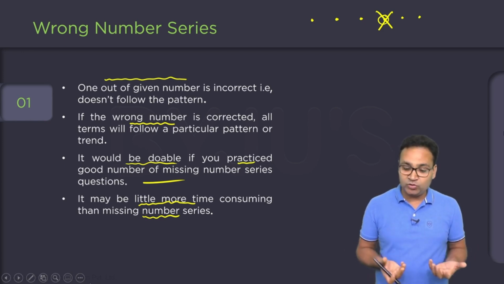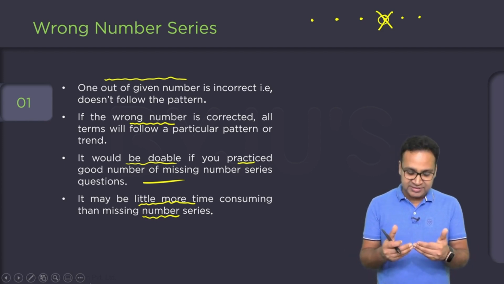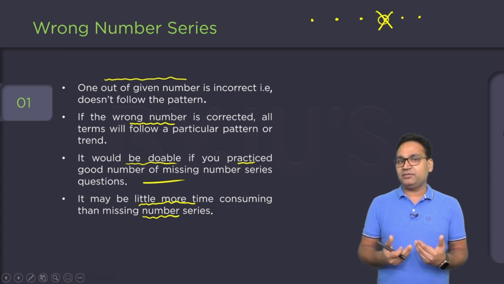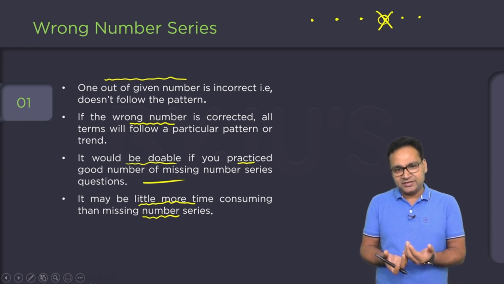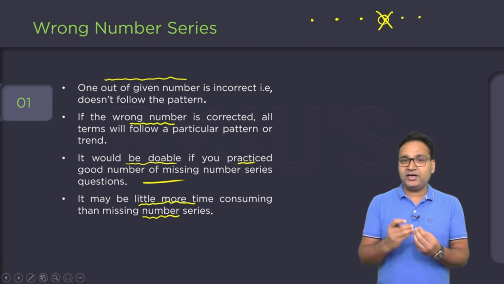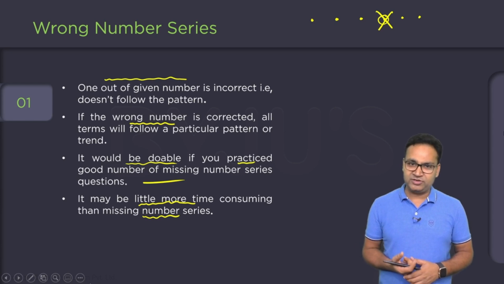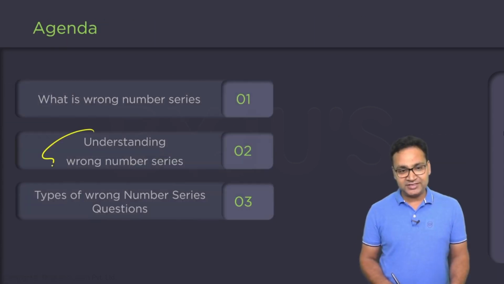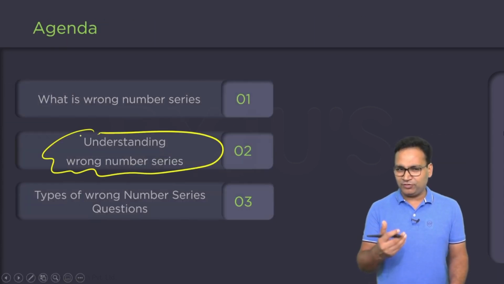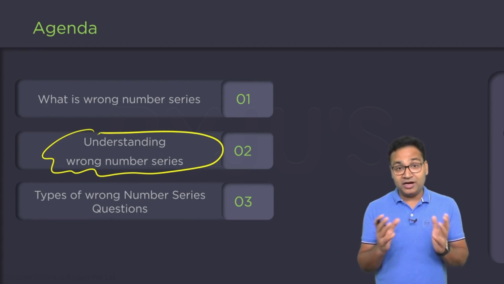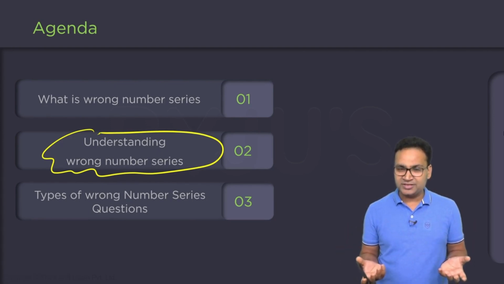No, it is a very doable category in the paper, but yes, if you are able to do a missing number series in 15-20 seconds, you will be taking around 40 to 50 seconds to solve a tricky wrong number series. Okay, that's the second part of today's module, understanding wrong number series.